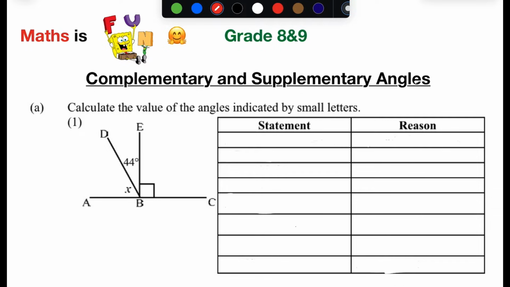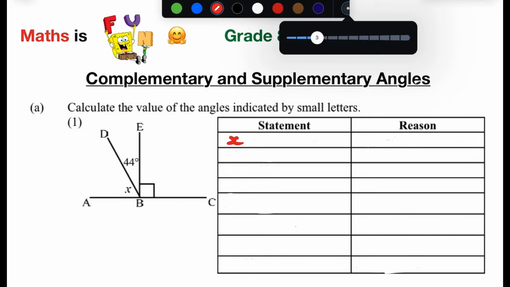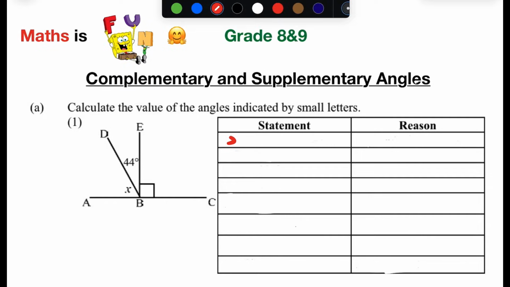So to find x, we say x plus 44 degrees equal to 90. That's the statement. Guys, always in geometry, we calculate using the statement and reason. So the reason for that, when we add these two angles, they are equal to 90.